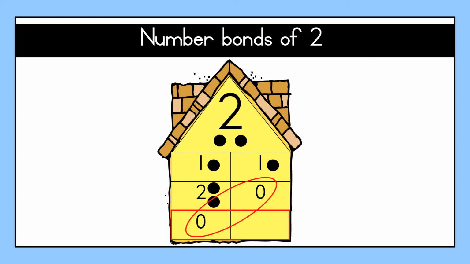And we already have the answer for that 0, which means 2 and 0 are friends to make 2. So therefore, if there are 0 dots in the one room, there must be 2 dots in the other room. Well done, friends.